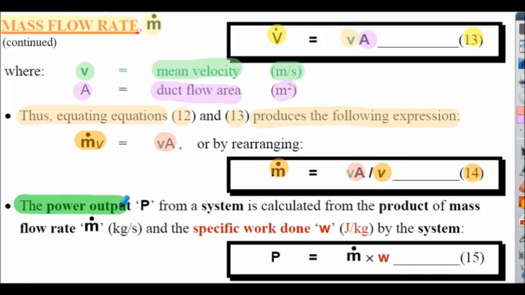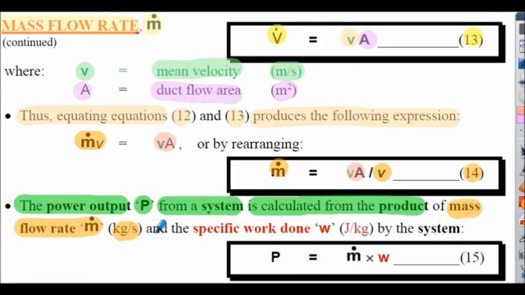And the power output, W dot, from the system is calculated from the product of mass flow rate, m dot, and the specific work done, lowercase w, in joules per kilogram, by the system. So output power is m dot multiplied by lowercase w. Equation 15 for reference.